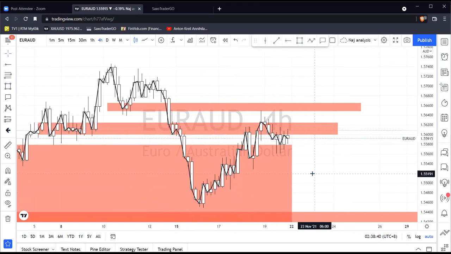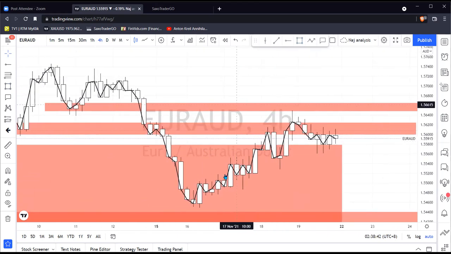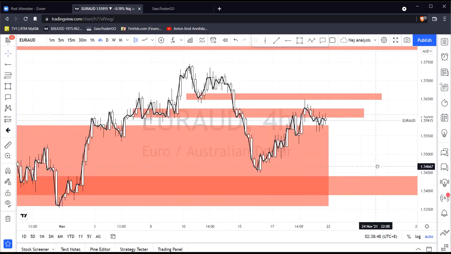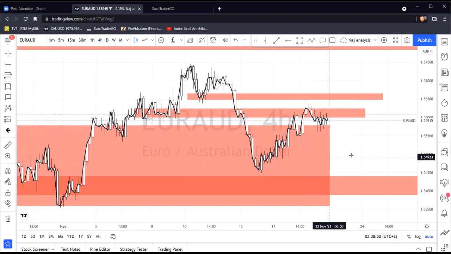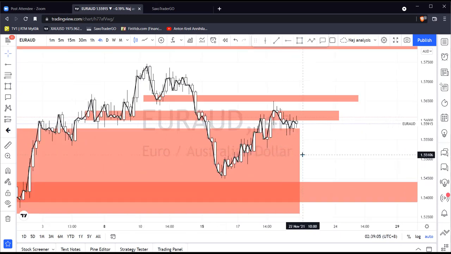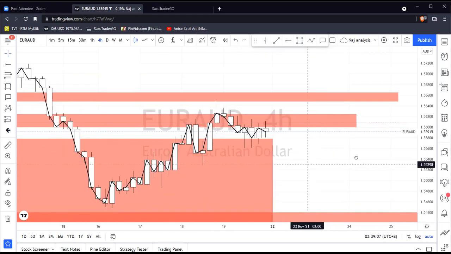You guys are probably wondering, why don't I take a trade down here? Well, that is for a high risk taker. I used to be a high risk taker once, but most of the time I ended up with losses rather than profit. It's high risk, so now I'm on a safer side. Everything I do, I look for a breakout.